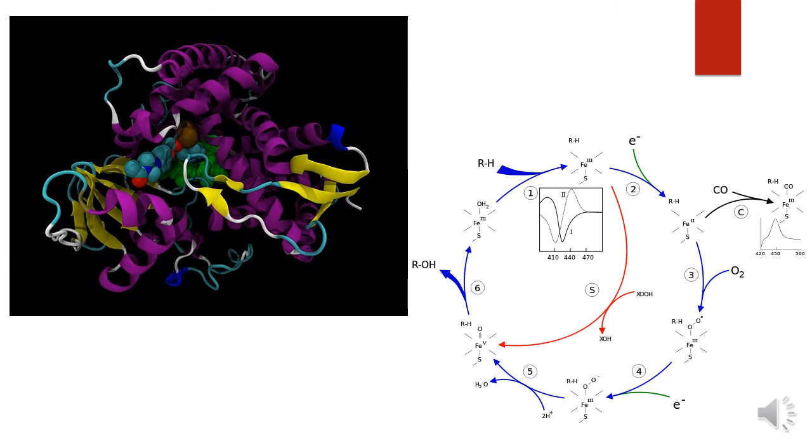The first one is a P450 reductase, which is used to generate electrons from the reduction of FAD and FMN, using NADPH to NADP.